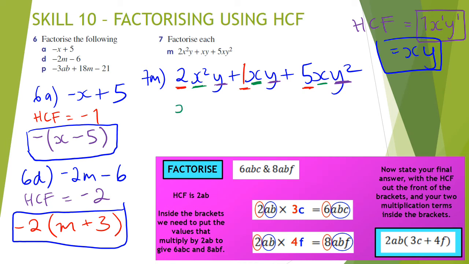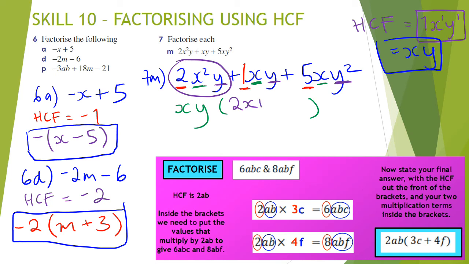So let's put that out the front, xy, and then a set of open brackets. This time we're going to have 3 terms inside the brackets because there's 3 terms in our expression. So xy times 2x will give us the first term here. We need a 2 and we need 1 more x to make x squared.